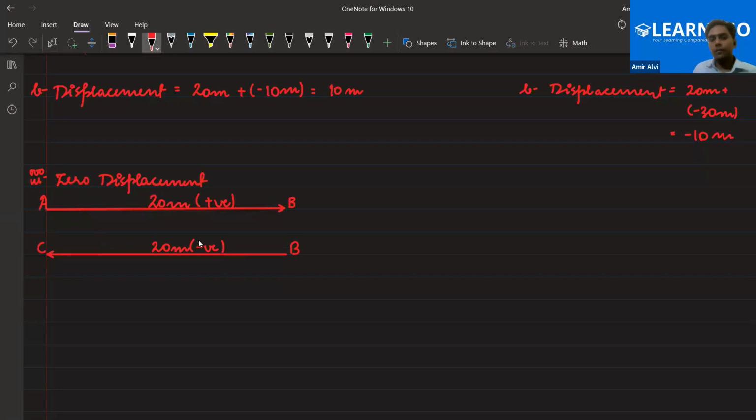Okay. Now please tell me the distance in this case first. Displacement I will tell you. So distance is 40 meters, because distance will get added. Doesn't matter the direction.